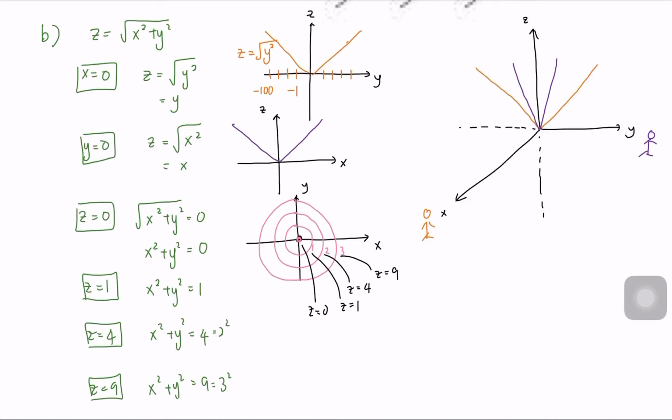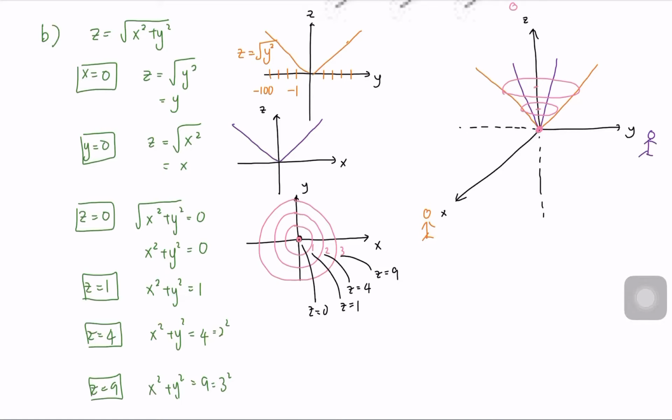And then now we need to sketch our z equal to 0. For z equal to 1, it'll be a circle here. For z equal to 4, so let's say here, it's another circle.